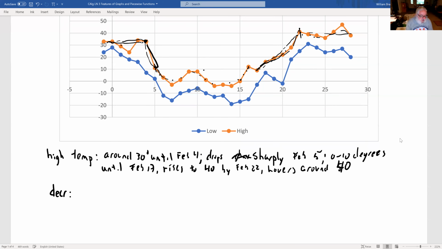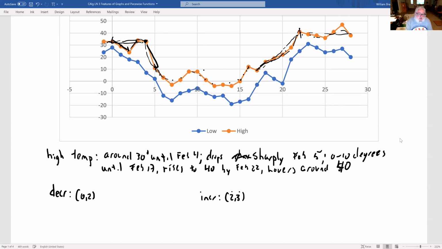So decreasing, starting on day 0 and going to day 2, temperatures went down. From day 2 to day 3, they went up. So increasing, and we're using interval notation.